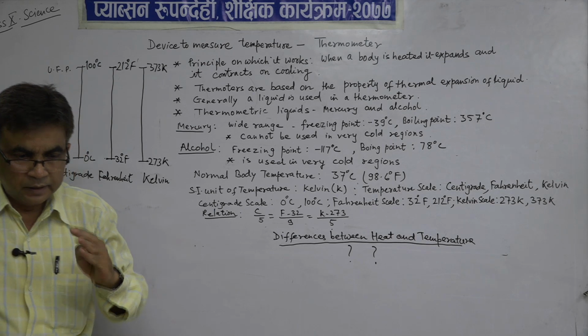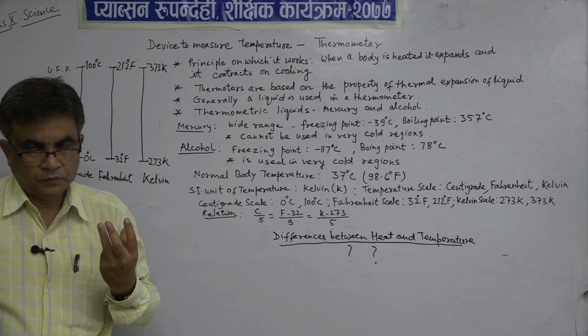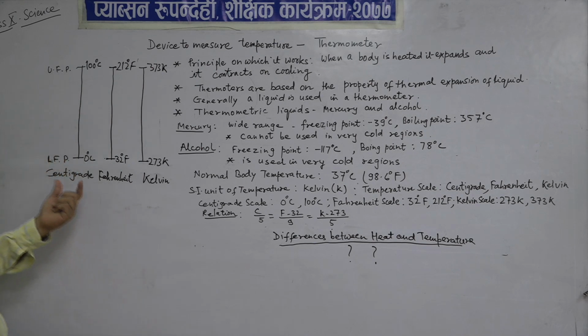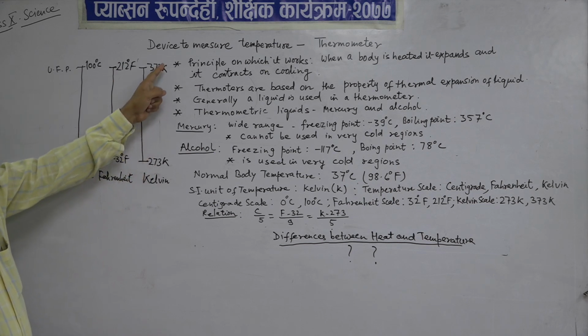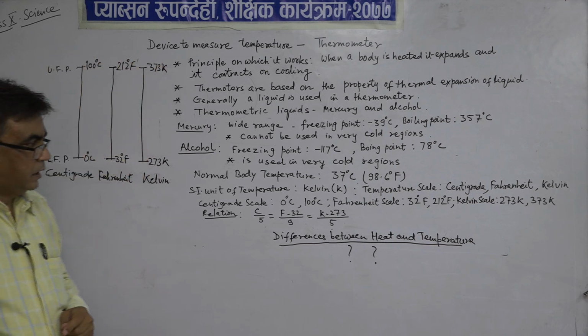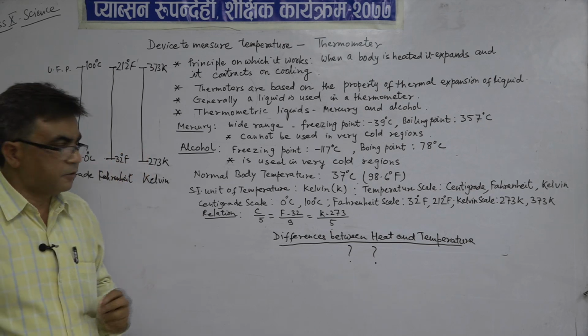That is the temperature at which water starts boiling. So, that is 100 degree centigrade in the centigrade scale, 212 degree Fahrenheit in the Fahrenheit scale, and 373 Kelvin in the Kelvin scale.